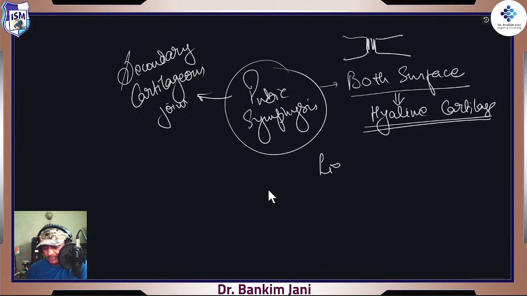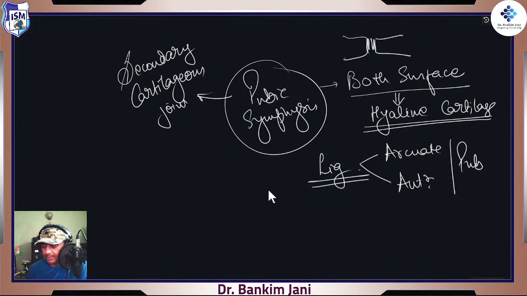And who will be supporting them? Well, ligaments, there are two. Both are pubic ligaments, and one is called the arcuate pubic ligament. Arcuate means it is arc-like, and the second one is the anterior pubic ligament.